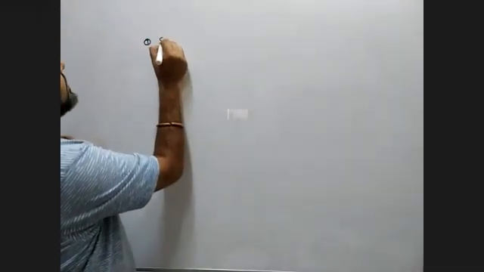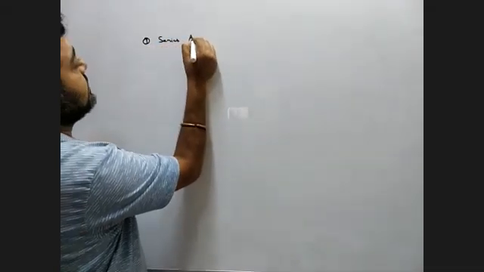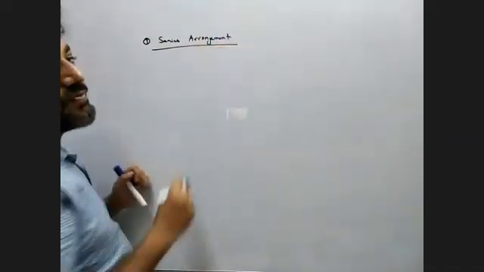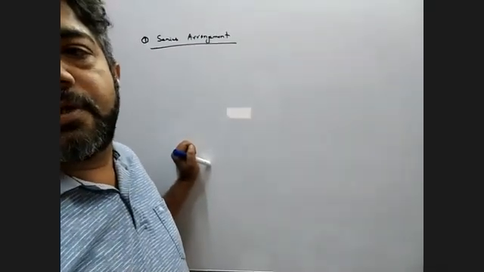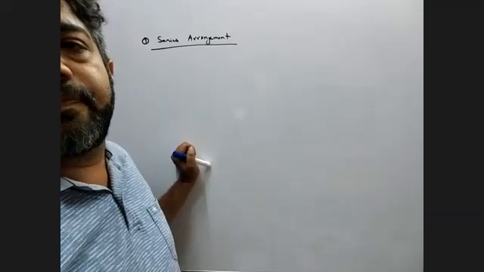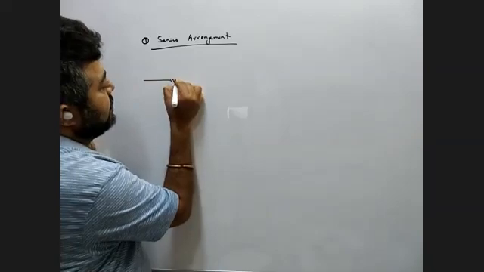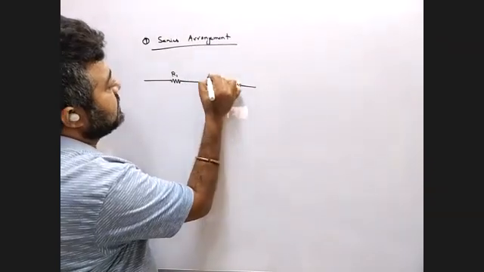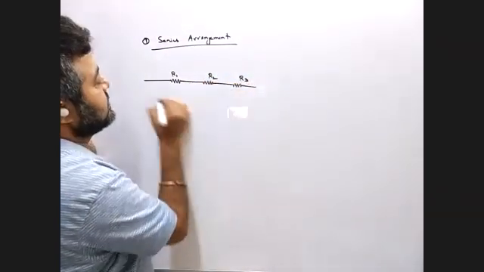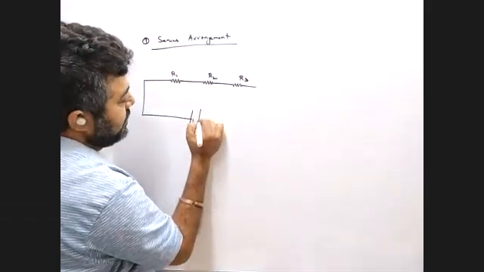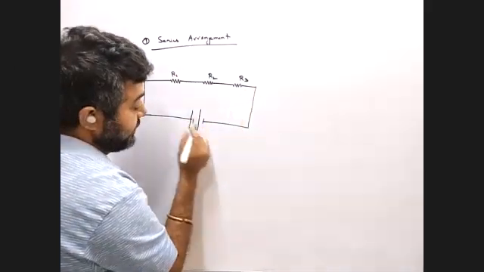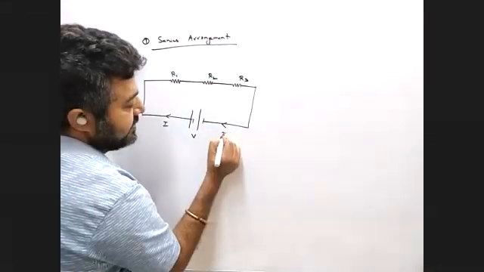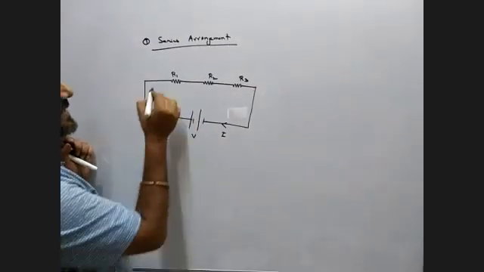So number 1, series arrangement. In series arrangement, suppose we are using three resistances R1, R2, R3 with a battery V. The amount of current supplied by the battery is the amount of current received by the same battery.